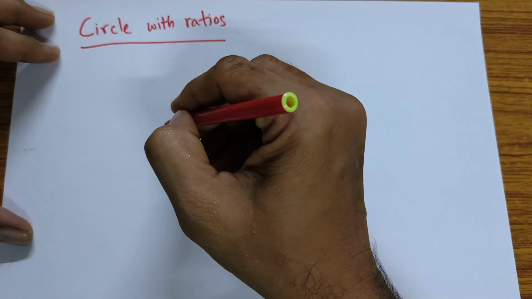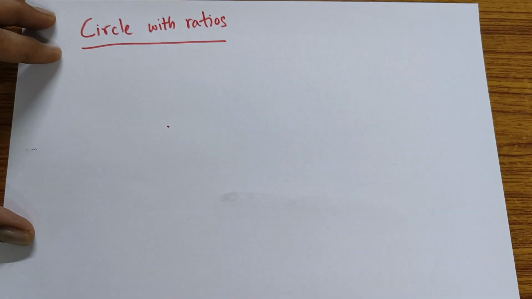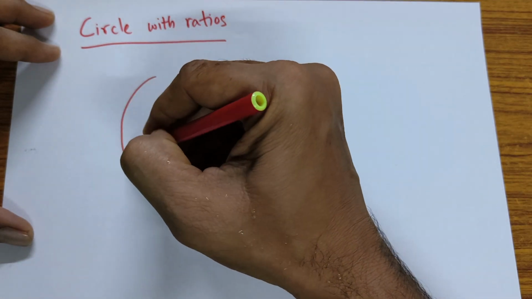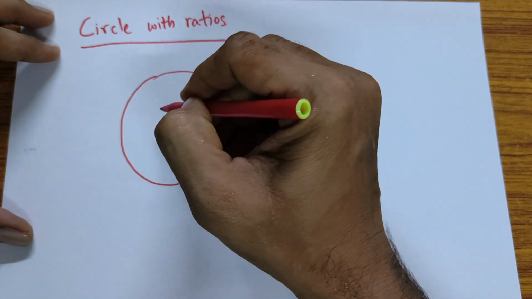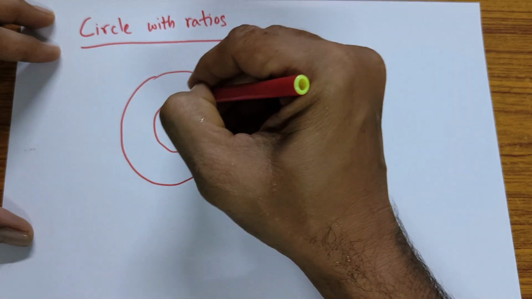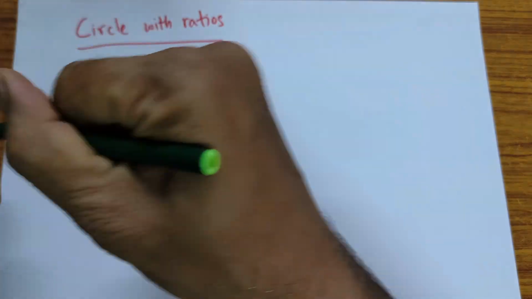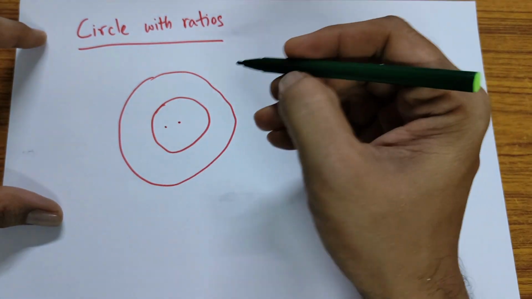So we've talked about how all circles are essentially similar, right? If I have a circle and a smaller circle, I can always remember one circle.